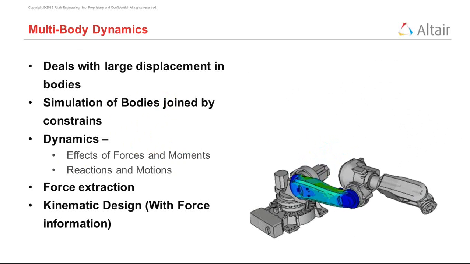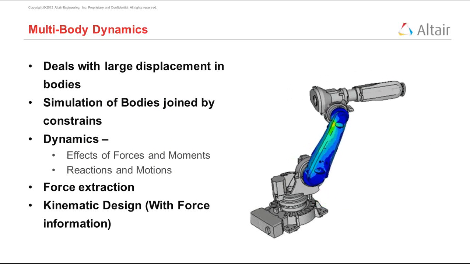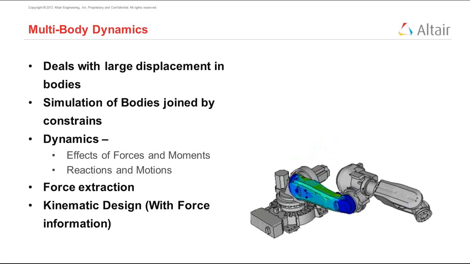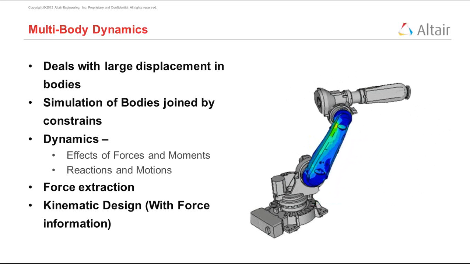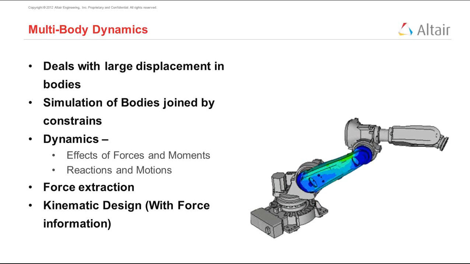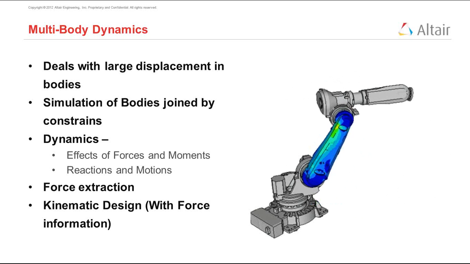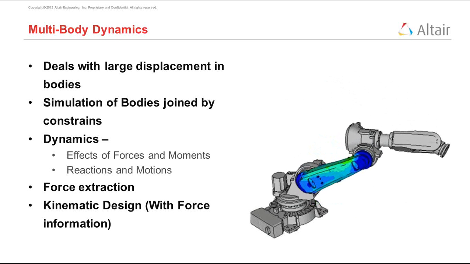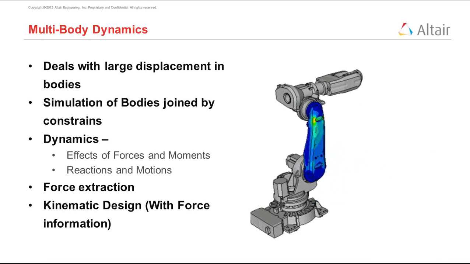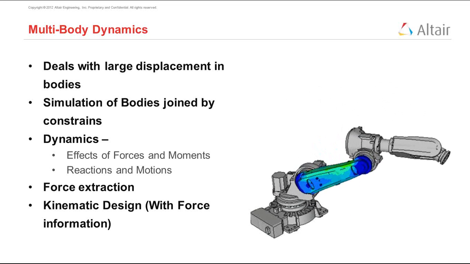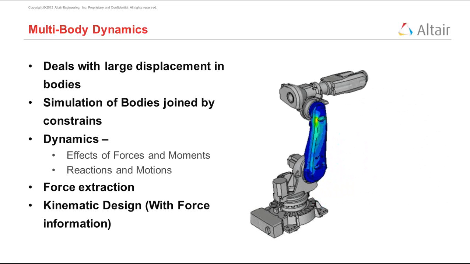What is multibody dynamic simulation? Multibody dynamics essentially deals with large displacements. It is a very crude way to put it, but it's the key differentiator between multibody dynamics and finite element analysis. When we're doing finite element analysis, the basis of our simulation is material properties, stress, strain, things like Hooke's law.